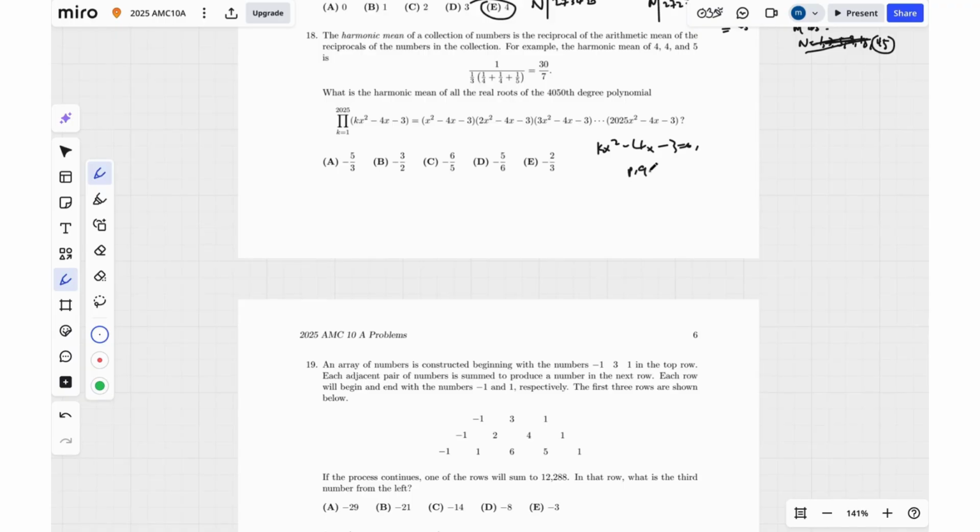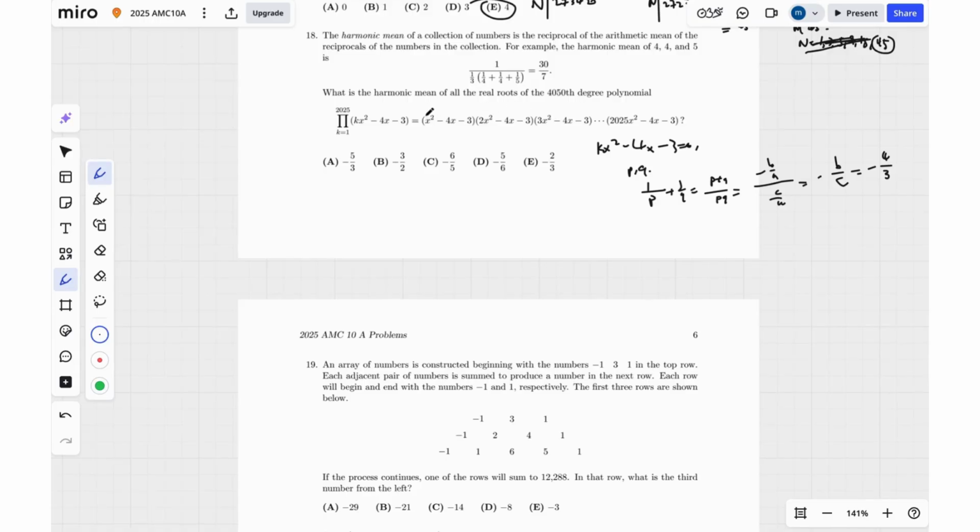So if we find the sum of their reciprocals, 1 over p plus 1 over q equals p plus q over pq, which is equal to negative b over a over c over a, which is negative b over c, which doesn't depend on k. And so this is negative 4/3.